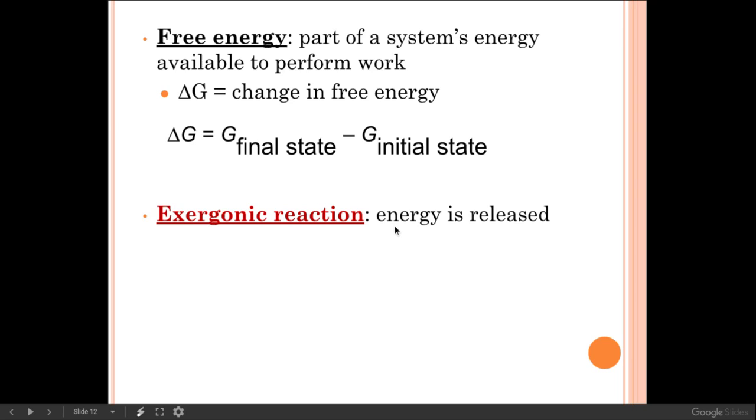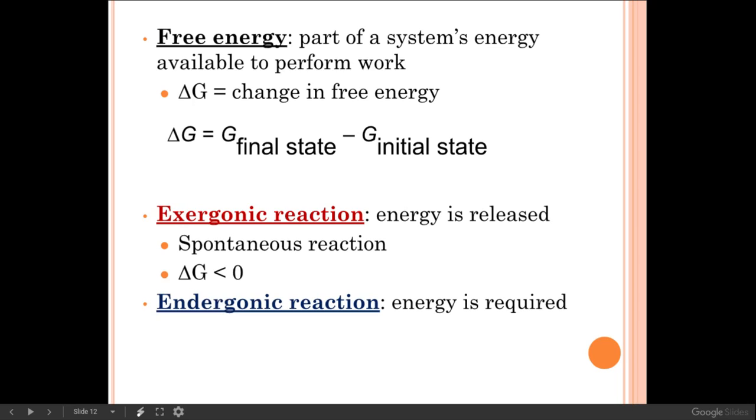And in exergonic reactions, energy is released. We consider that a spontaneous reaction, and delta G is going to be less than 0, because if the final state where energy has been released is less than the initial state, then this minus this is going to give us a negative number, and that's where the delta G is going to be negative.